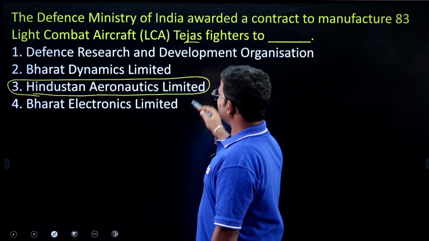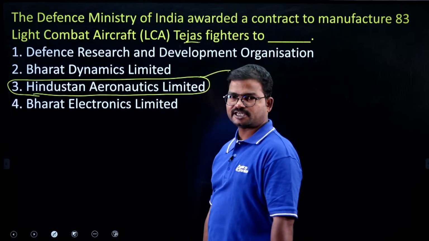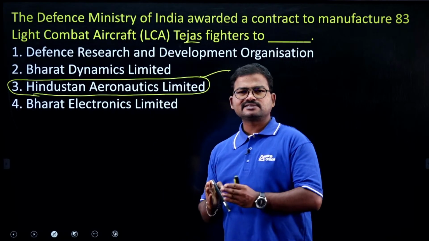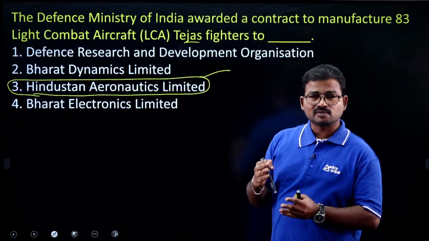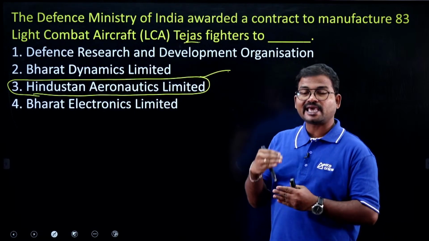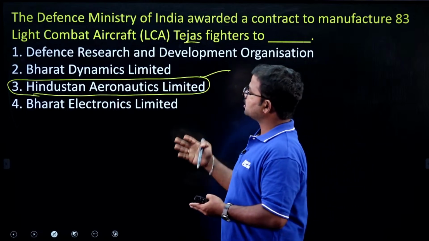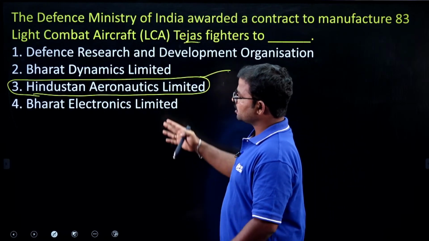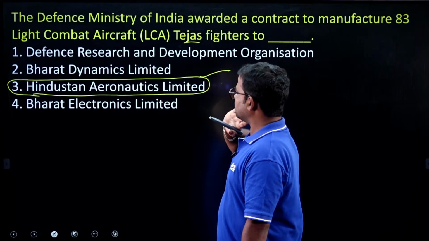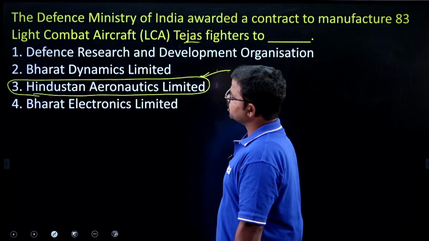So that's why here we have to consider option 3 is the right answer. Presently this is Tejas Mark 1, which is nothing but an enhanced version of Tejas. This light combat aircraft production is presently executed by Hindustan Aeronautics Limited. So we have to consider option 3 is the right answer.